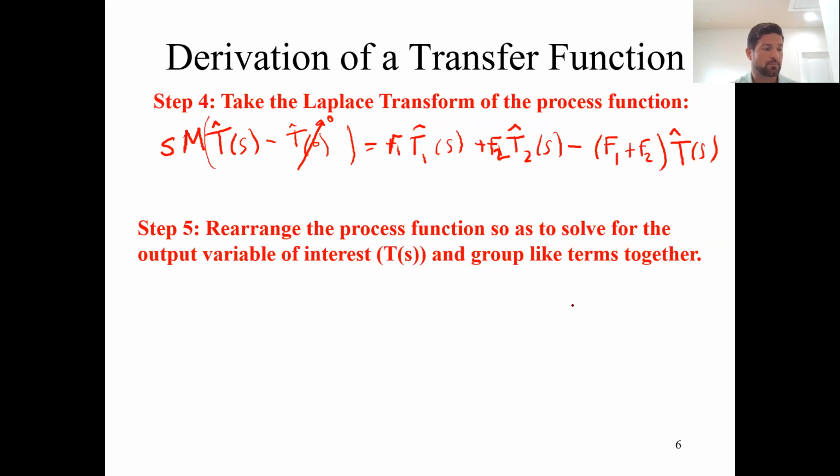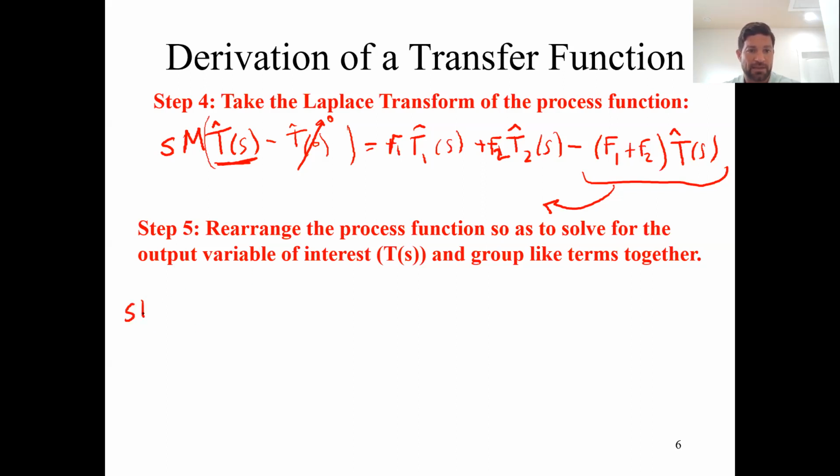Okay, so which step are we on? Now we rearrange the process and solve for the output variable. At this point, we want to solve for T hat of s. So I'll take this term right here and bring it over to the other side, or essentially add it to both sides.